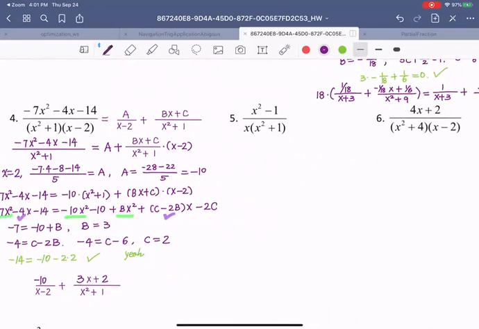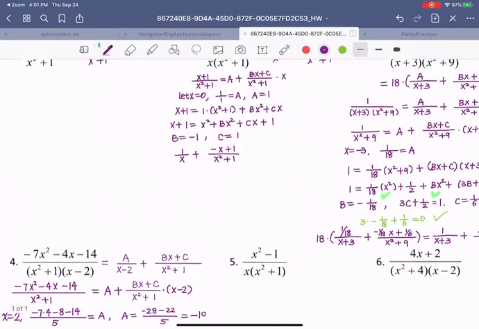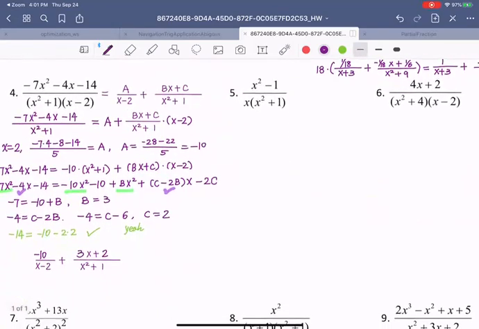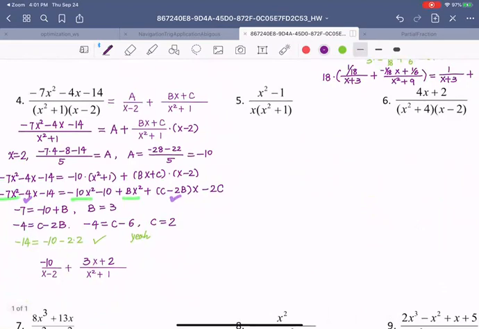Let's do 5. For 5, we still do this thing.